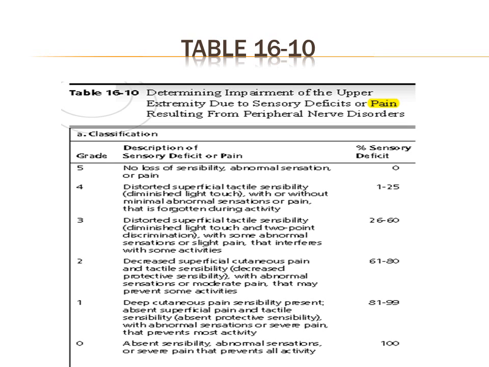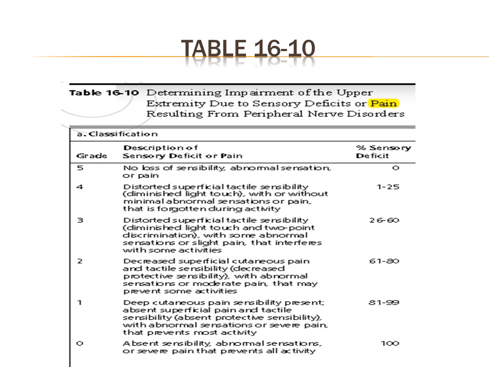You may have to use the next larger monofilament, or even the next one larger than that, in order to create enough pressure and enough deformation of the multilaminar encapsulated receptors to get them to fire. That would be an objective finding that you would determine, for example, with use of your monofilaments. So there's diminished light touch. There may or may not be abnormal sensations or pain.